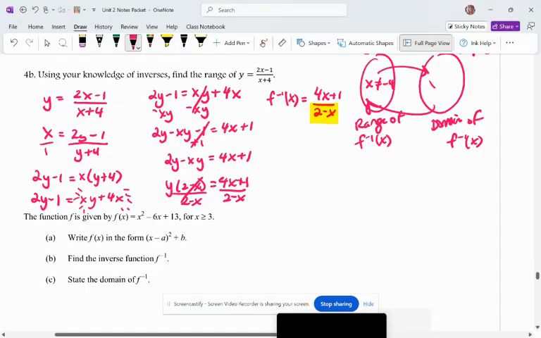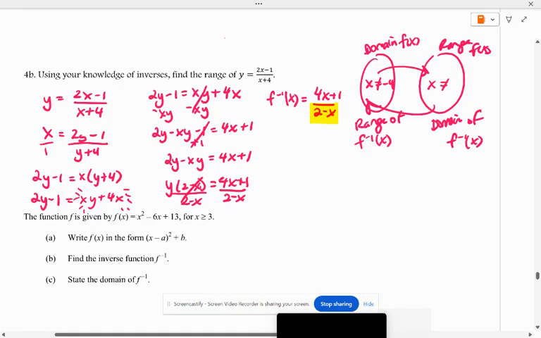So then we need to give our answer as a range. We would say y is an element of all real such that y cannot equal 2.